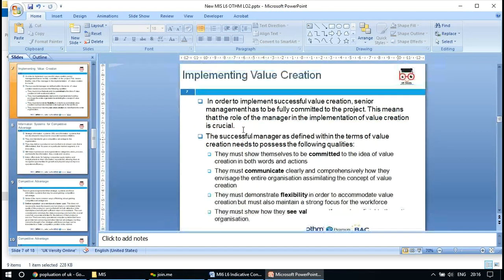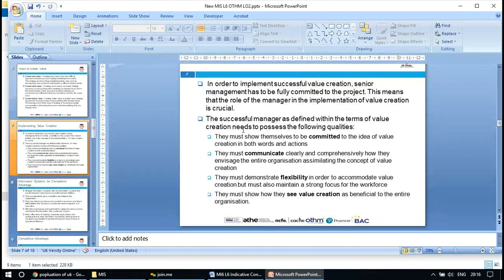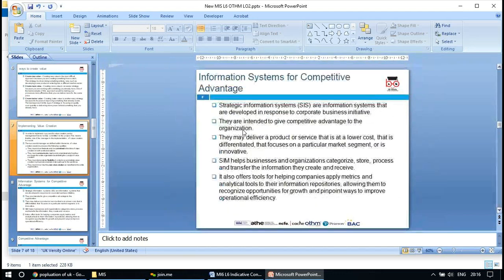And now we discuss competitive advantage. Strategic information systems are information systems that are developed in response to corporate business initiatives. They are intended to give a competitive advantage. I believe you must have gone through strategic management in level 5.